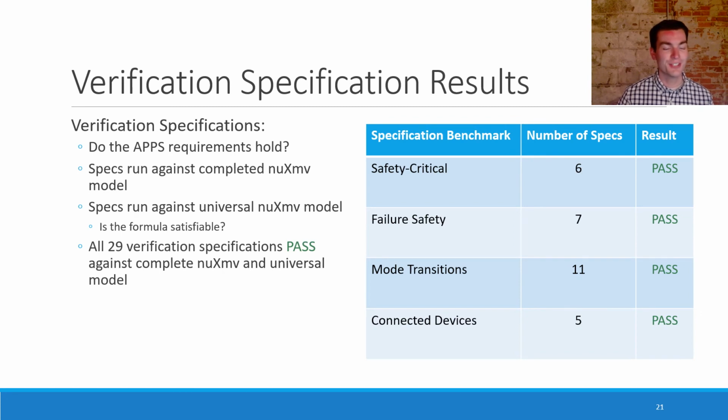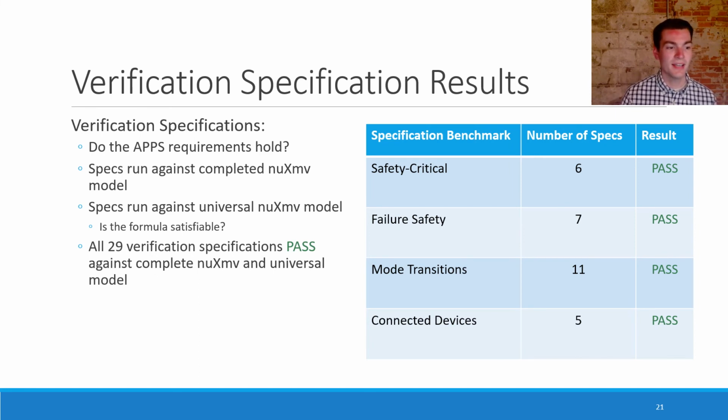For our verification specification results, once again, our verification specifications verify that the app's requirements hold for the nuXmv translation of the model. In total, we created 29 verification specifications, each broken down between the 4 specification benchmarks that you can see on your screen.